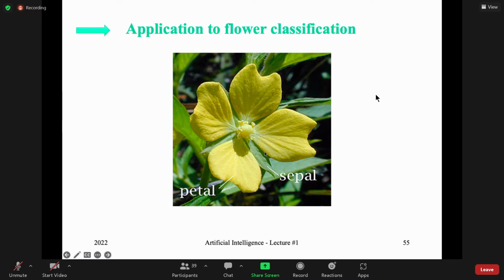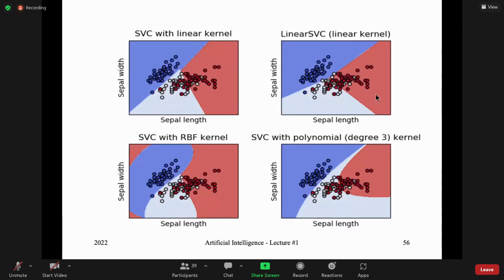So we can extract from this image two parameters, the length and the width of the sepals. With that, we can classify exactly, with a support vector machine, the kind of flower we have. As I explained, we can measure the sepal width and the sepal length parameter.